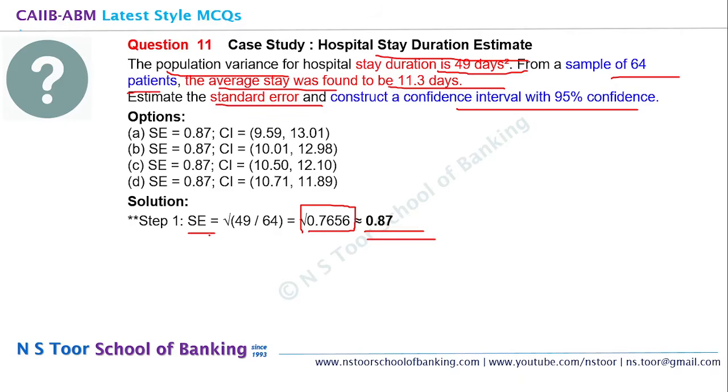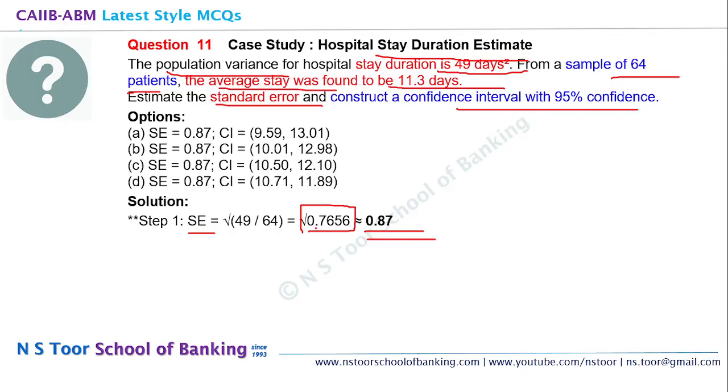I am again telling you, here we have been provided a population variance and the sample number. So the standard error is equal to square root of population variance divided by the sample number. 49 by 64 is 0.7656.